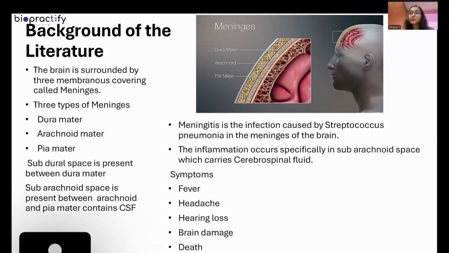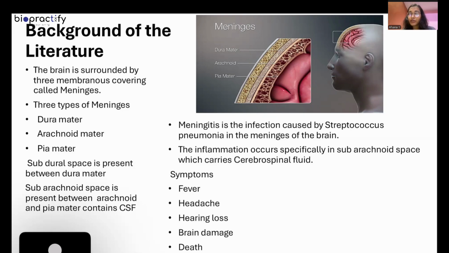The subarachnoid space also contains cerebrospinal fluid, which connects the whole brain and helps in the transfer of different fluids, proteins, nutrients, etc. So when the meninges get infected by bacteria or a virus, meningitis occurs. It is the inflammation of the meninges.